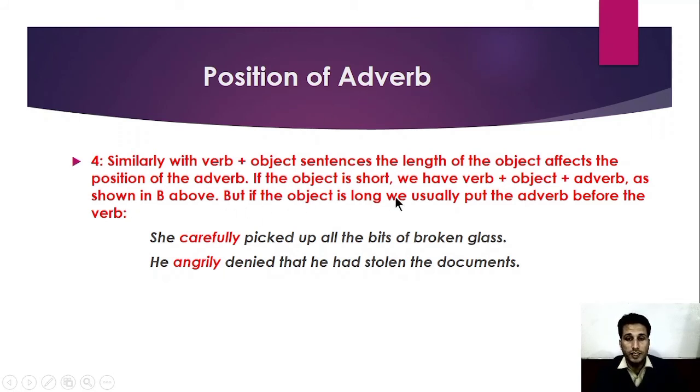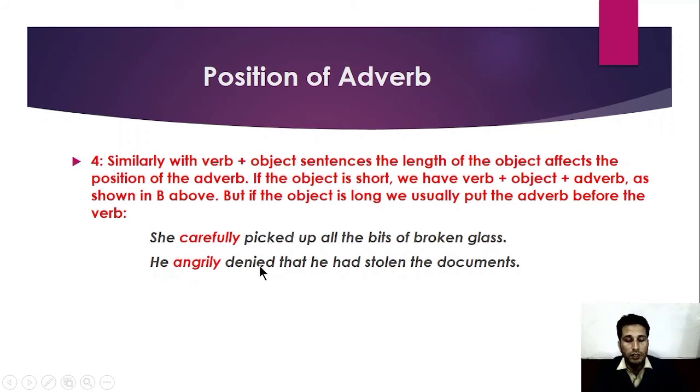But if the object is long, we usually put the adverb before the verb. For example, she carefully picked up all the bits of broken glass. So all the bits of broken glass, the entire phrase, is the object. That is why we put the adverb before the main verb.